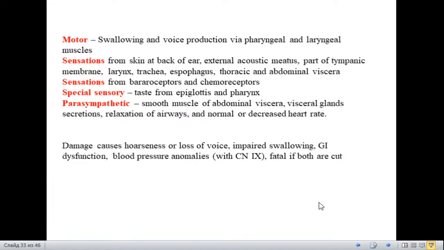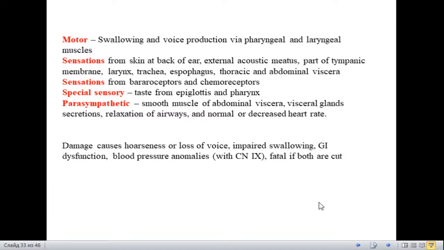Then sensory, general sense from skin at the back of ear, external acoustic meatus, part of tympanic membrane, larynx, trachea, esophagus, thoracic and abdominal viscera, up to the sigmoid colon.